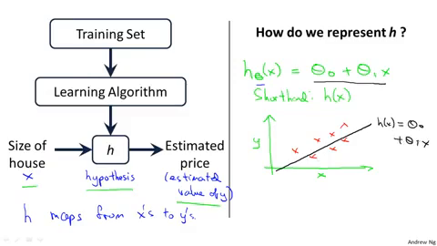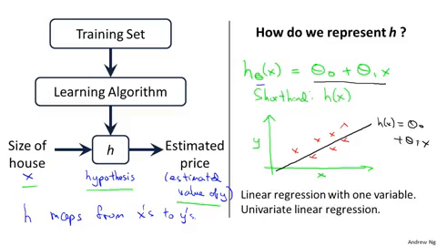Okay? And why a linear function? Well, sometimes we'll want to fit more complicated, perhaps nonlinear functions as well. But since this linear case is the simpler building block, we'll start with this example first of fitting linear functions, and we'll build on this to eventually have more complex models and more complex learning algorithms. Let me also give this particular model a name.